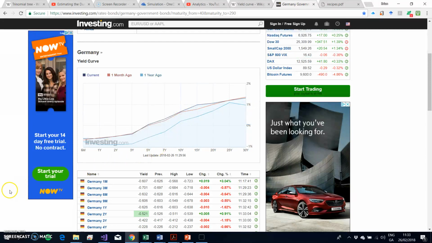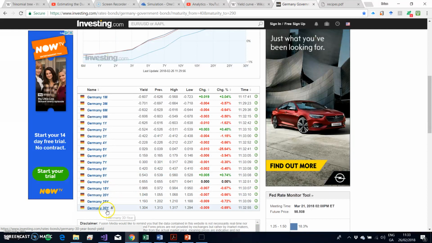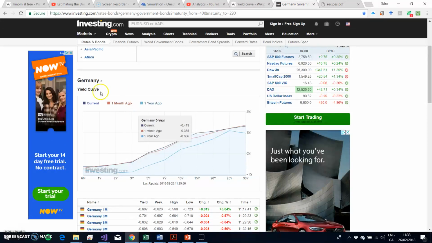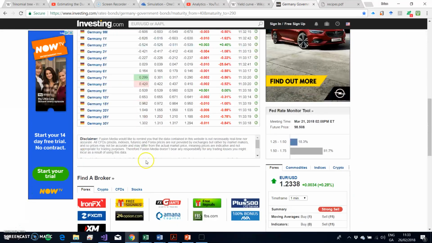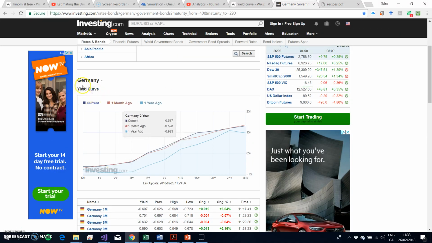But again, what we are fundamentally looking at is different maturities, 1 month, 3 months, 6 months, in this instance all the way up to 30 years, and then the yield in the bond. And because it's term structure or yield curve, we have to strip out the effects of the coupon. So basically, when we say 30-year yield from the term structure, we mean you invest an amount of money today, in 30 years time you'll get an amount of money back.